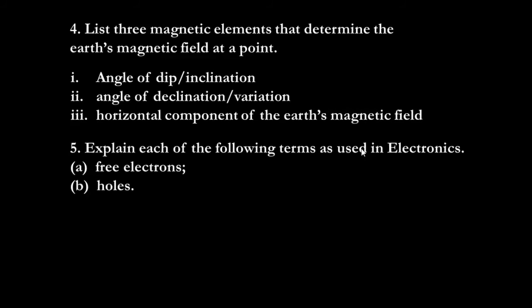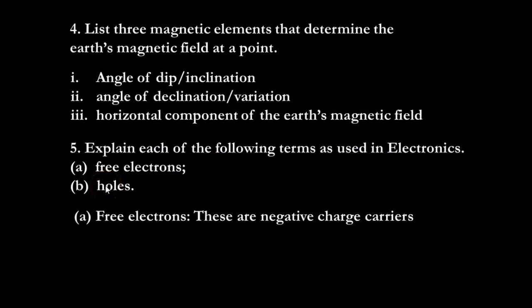Semiconductors have properties of conductors and insulators. So I'm not going to go deep into the explanation. Let's quickly explain these terms as used in electronics or semiconductors. The first one is free electrons. These are negative charge carriers.